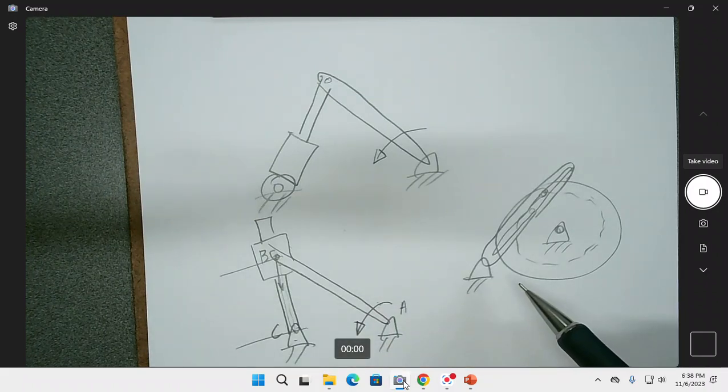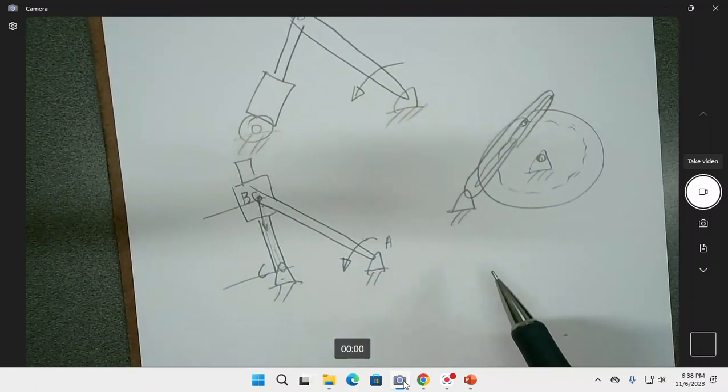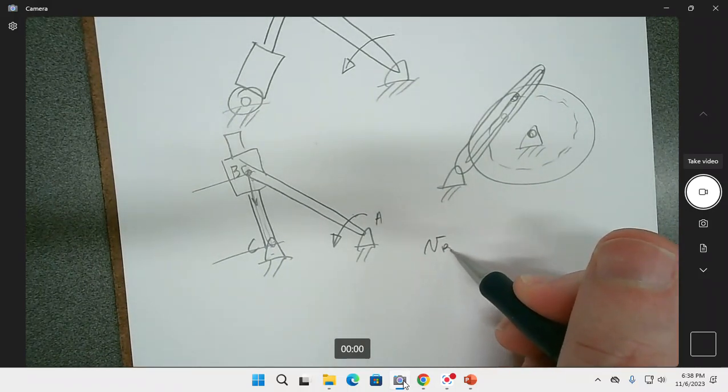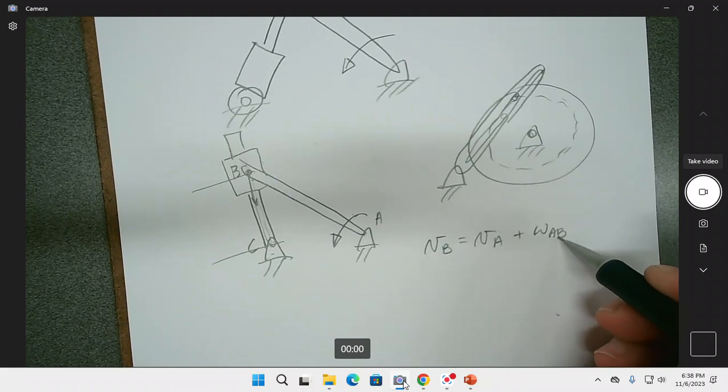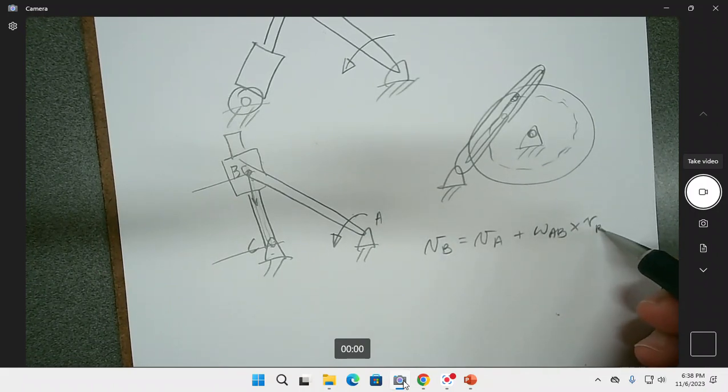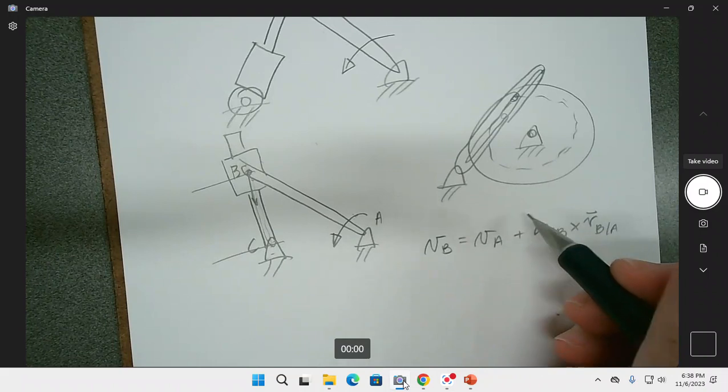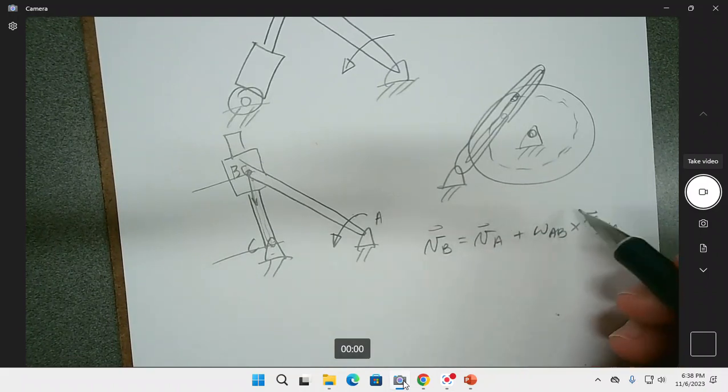But isn't the mechanism of CB just going to follow whatever shape A travels? So at point B, it's just moving. Okay, well, VB is going to be equal to VA plus omega AB crossed with R B with respect to A. All right, we're okay with that?